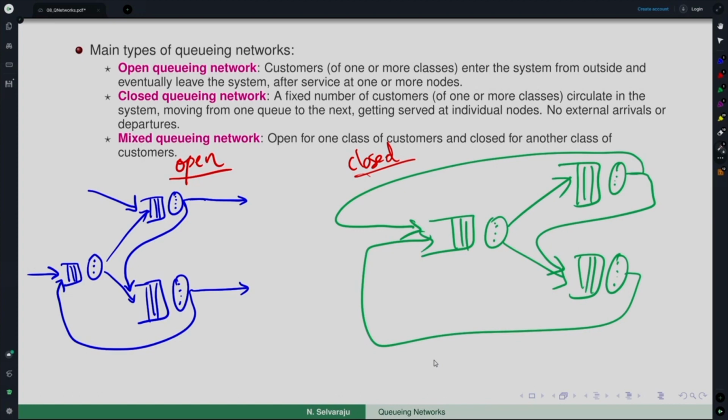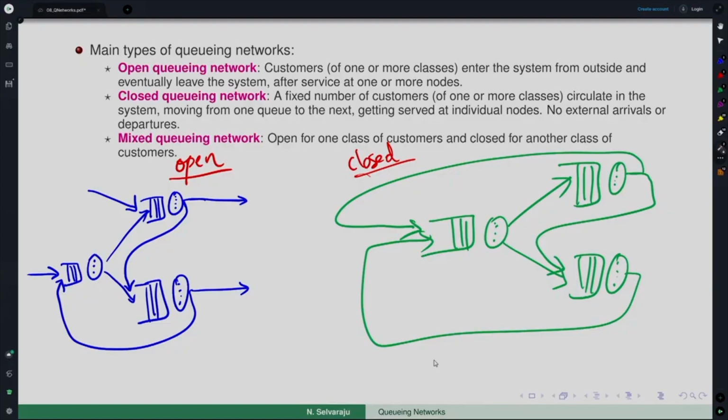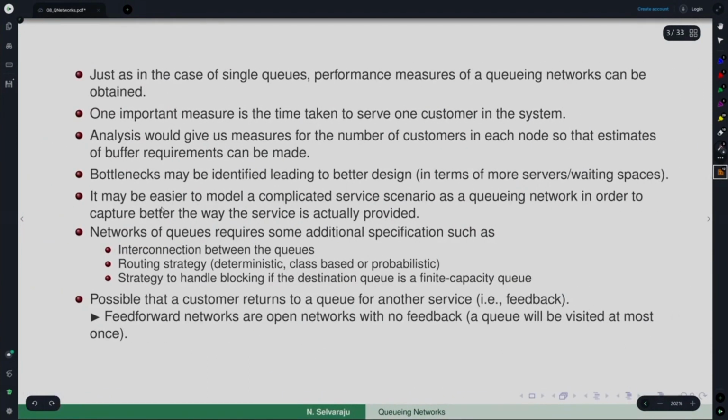Closed queuing networks are the ones where a fixed number of customers circulate in the system, moving from one queue to the next. When you go here, there are many issues that can crop up, and we will see them one by one. Just as in the case of single queues, performance measures of a queuing network can also be obtained, and of course, we need them.